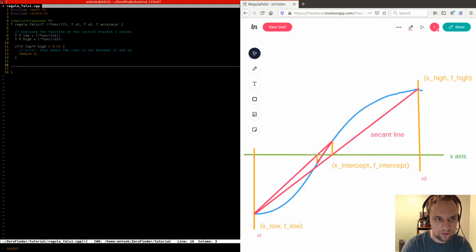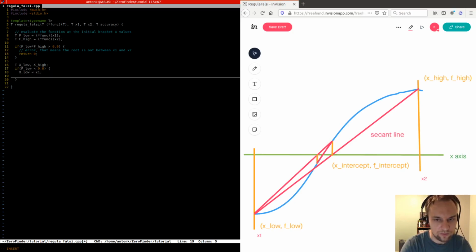Okay, so it is possible that we might have a function which is decreasing, so we don't want that. So if that's the case, then we're going to swap x1 and x2. So let's do that here. x low, x high. If f low is less than 0, then that's what we want. So we set x low equal to x1 and x high equal to x2.